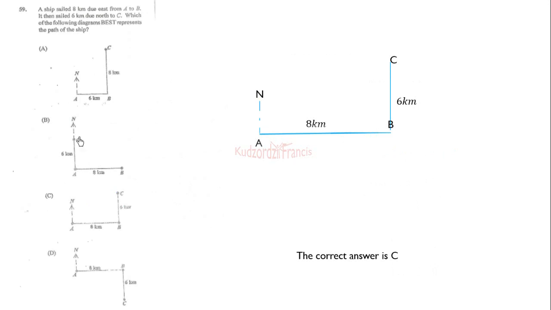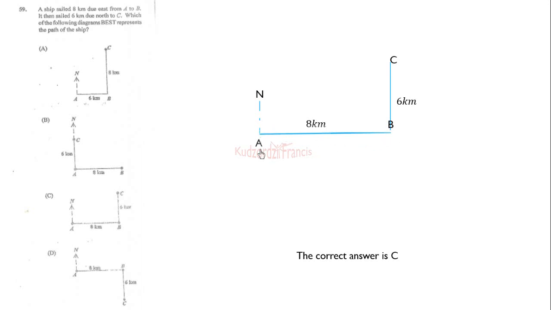Question 58. A ship sailed 8 kilometers due east from A to B. It then sailed 6 kilometers due north to C. So sailing 8 kilometers due east, this is our cardinal point and this is the North Pole. 8 kilometers due east, so this is the east.